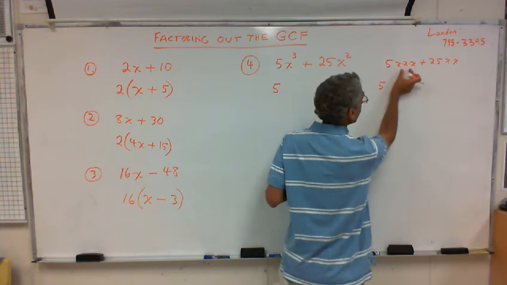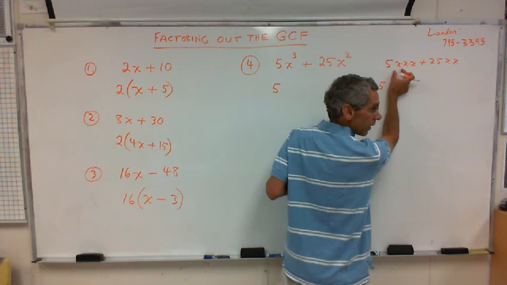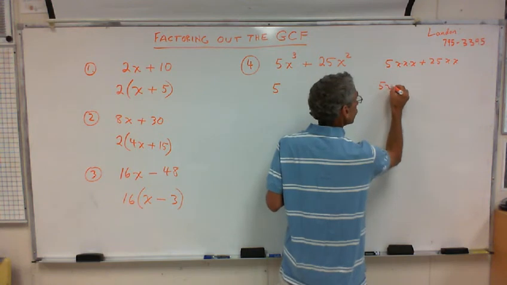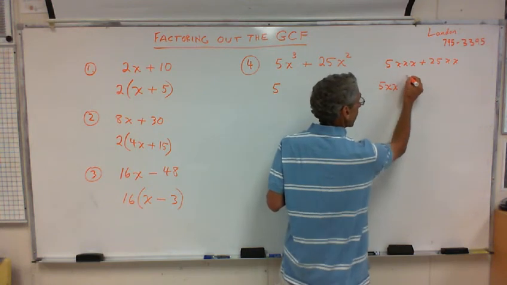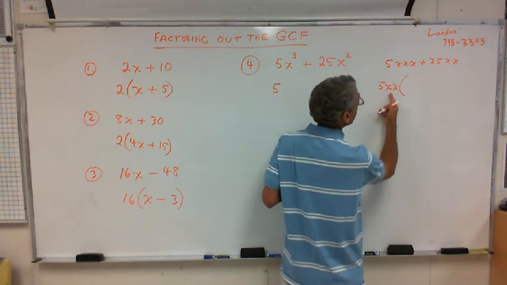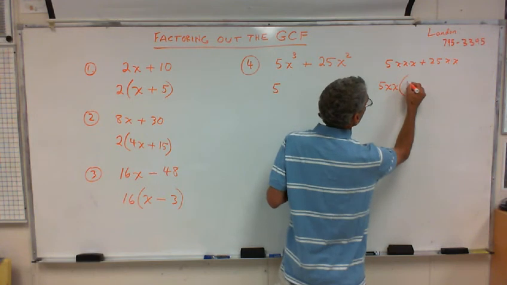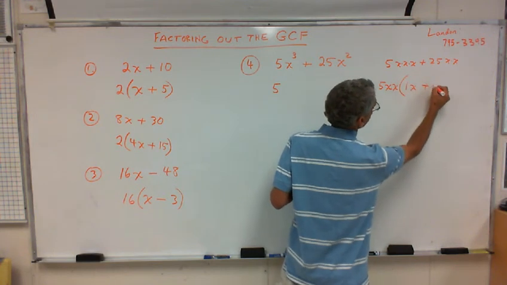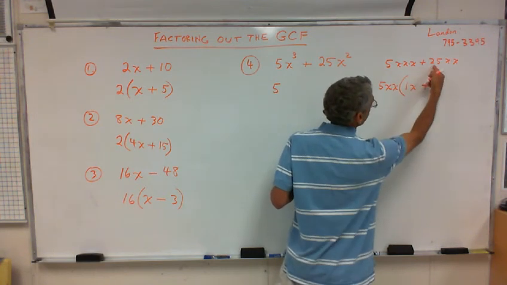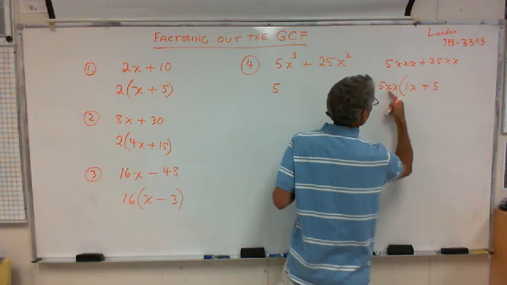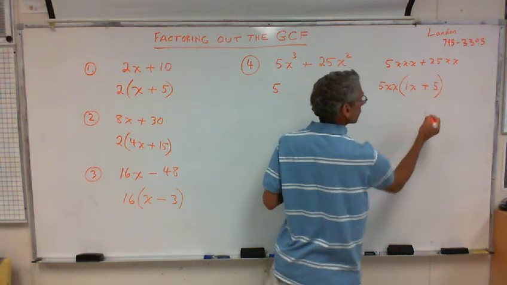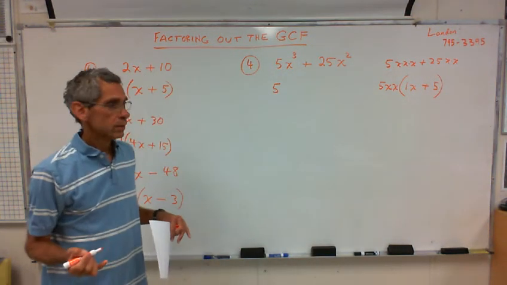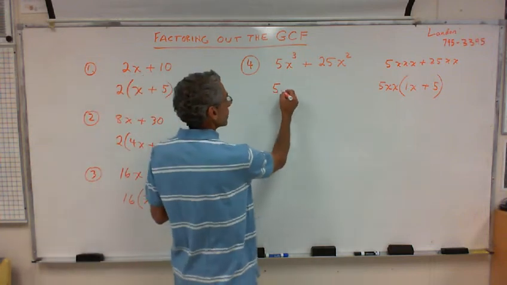This one has an extra x, so I have to leave that one there. But I could take out 2 x's, which is really x squared. So it leaves me 1x plus 5 times what is 25? 5. Right?